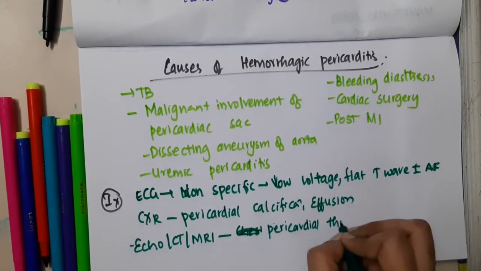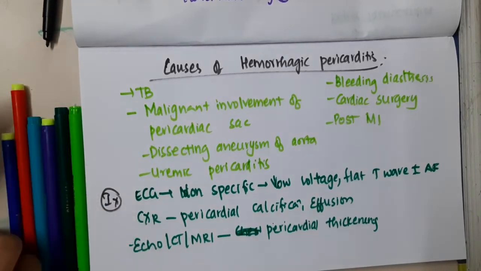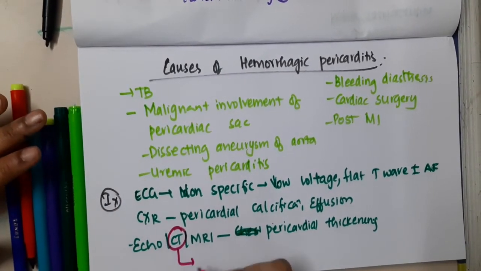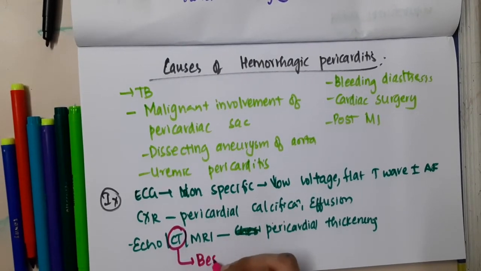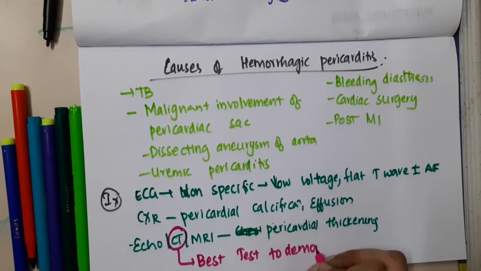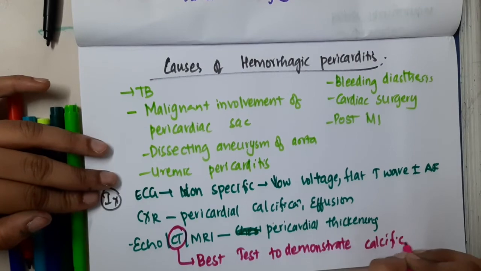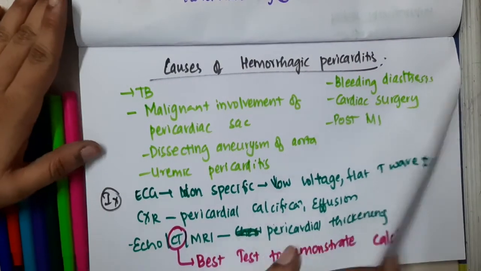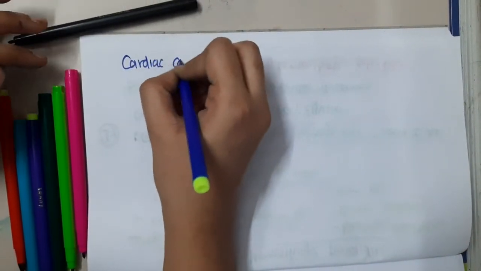pericardial thickening. Actually, among echocardiography, CT scan and MRI, CT scan is the best test to demonstrate calcifications. You can also do cardiac catheterization.